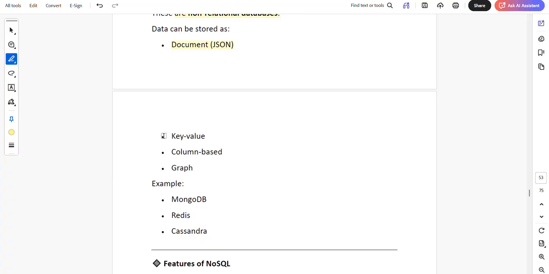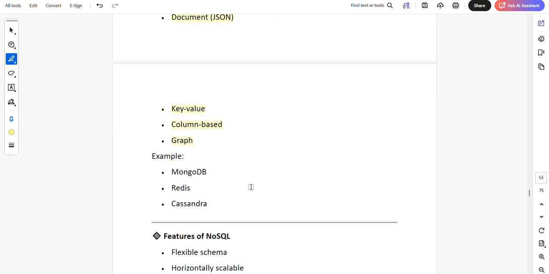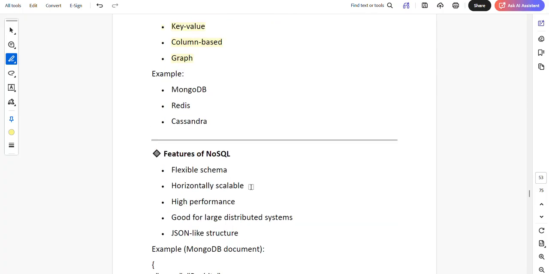It can also be stored as a key value pair, or in a column base or graph base. So it is not important that you store the data only in tabular column format. You can store it in JSON format, key value, column base, or graph. Examples of NoSQL are MongoDB, Redis, and Cassandra.